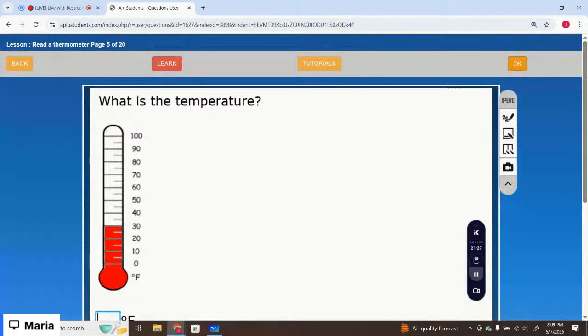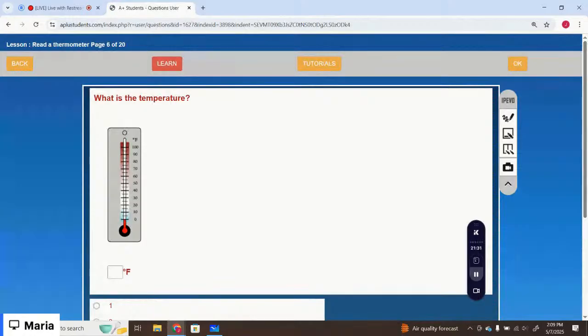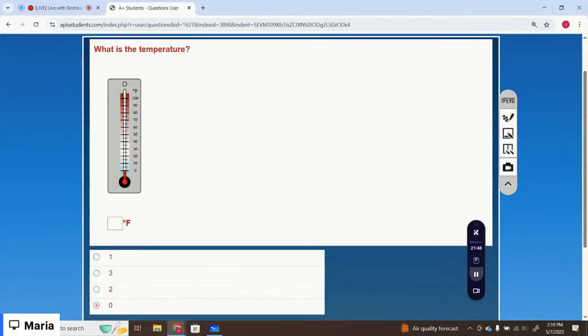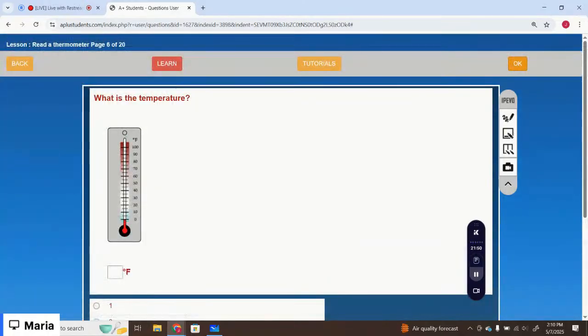That is 30 degree F. What is the temperature? That is 0 degree F. The correct option is 0.